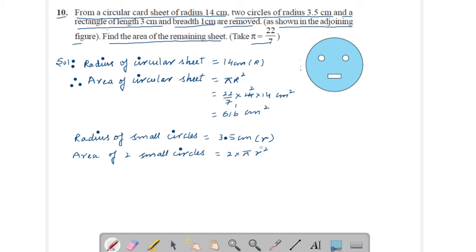Your formula becomes 2 into pi r square. Now put the value. 2 into pi, its value is 22 upon 7 into r, it is 3.5, remove the decimal, 35 upon 10 into 35 upon 10 centimeter square.